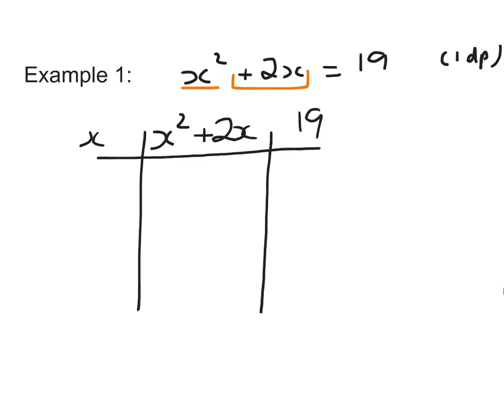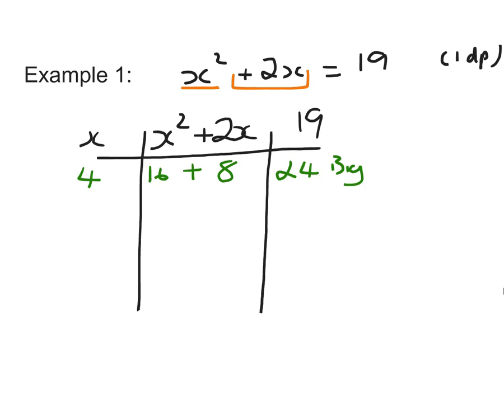Well, at the moment I haven't a clue, so I'm just going to pick a number at random. Now if I pick 4, we know that 4 squared is 16, and 2 times 4 is 8. So when we add them together, we get 16 plus 8, which is 24, which is too big.